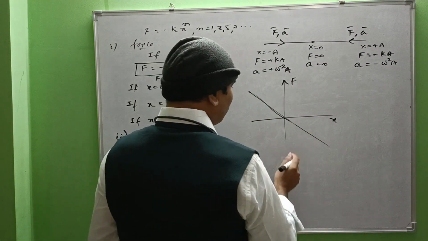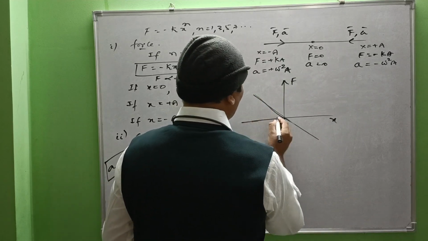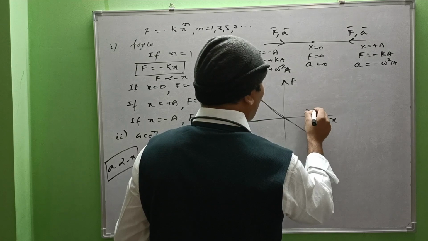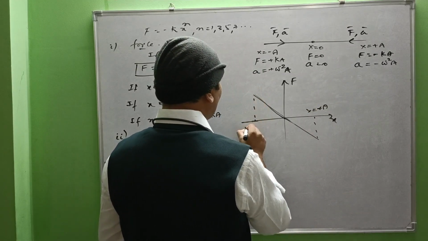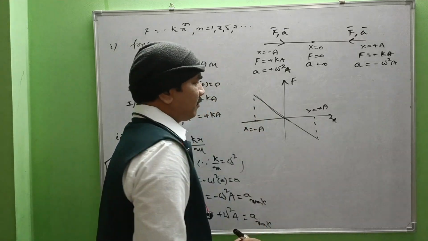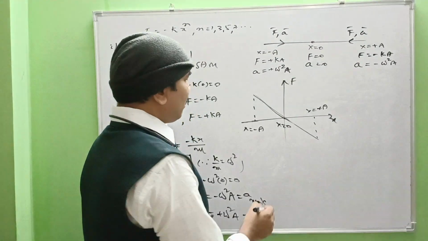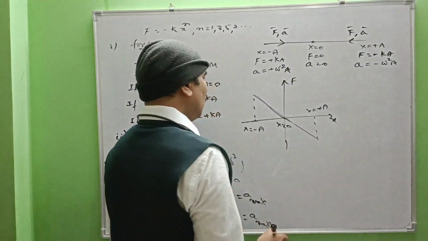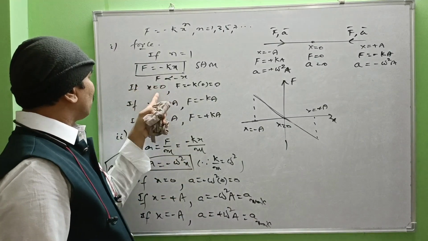Okay. Now, if this is the extreme position, for example, this is x equal to plus A. This is x equal to minus A. This is x equal to 0, the origin. Right? Now, at x equal to 0, force equal to 0.